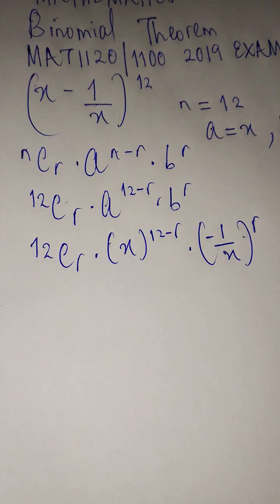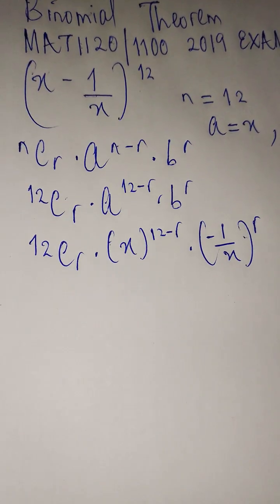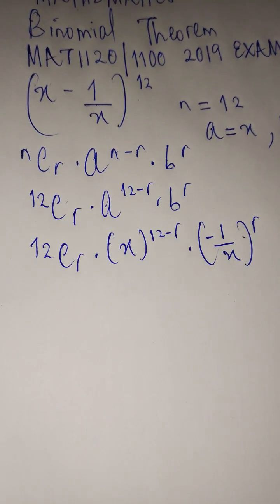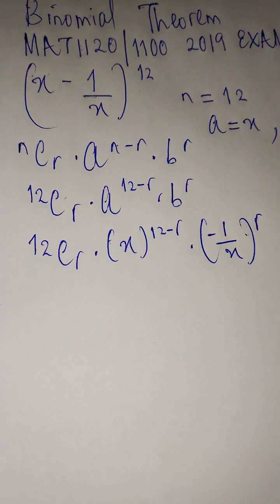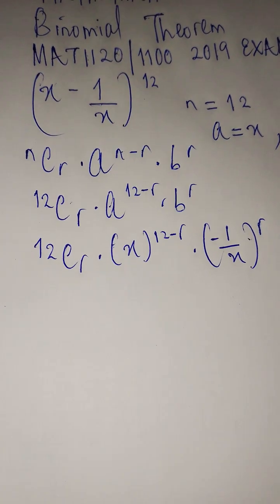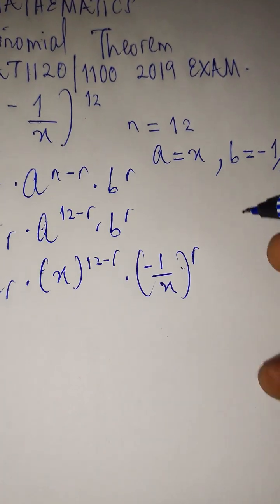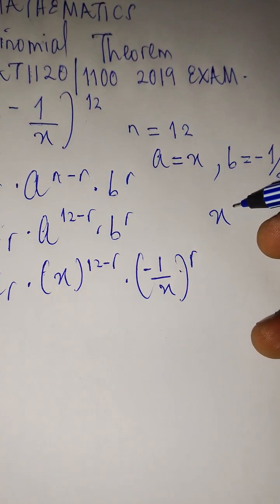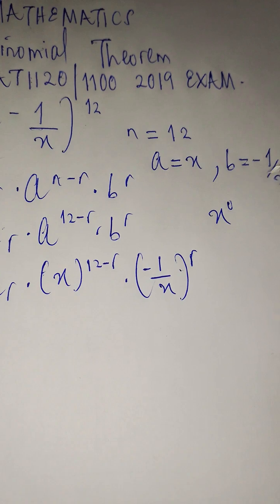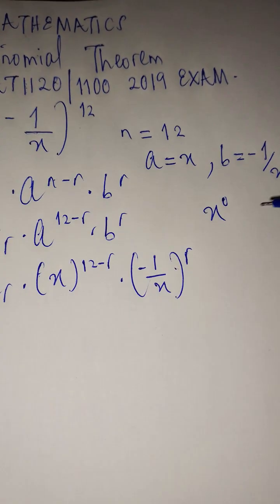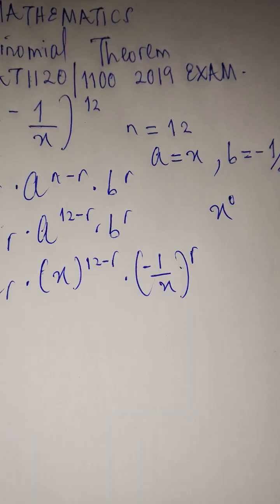So for the term to be independent, that means that it has a variable which is raised to the power 0. Since this expression is in terms of x, for it to be independent, it means that x, the variable it has, is raised to the power 0, because anything raised to the power 0 is just 1.